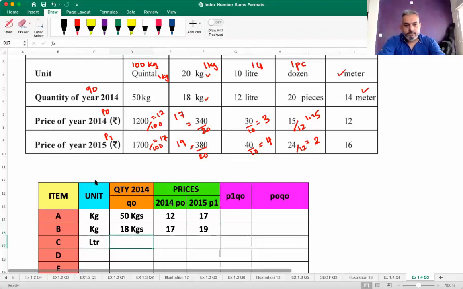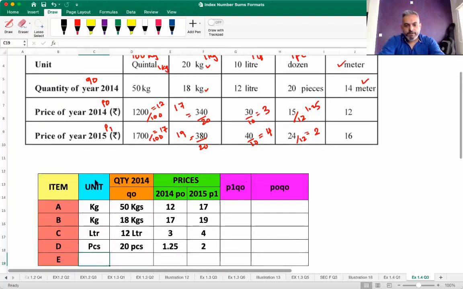Liter, 12 liter. Price 3 rupees, 4 rupees. Then piece, 20 piece, 1.25 and 2 rupees. And then meter, 14 meter, 12 rupees and 16 rupees.